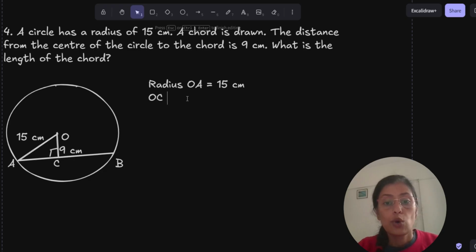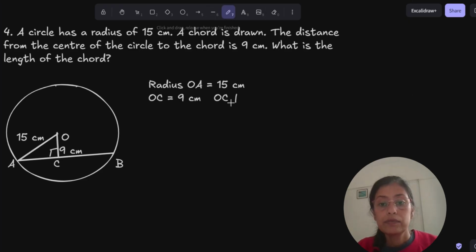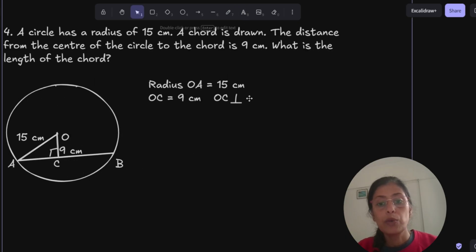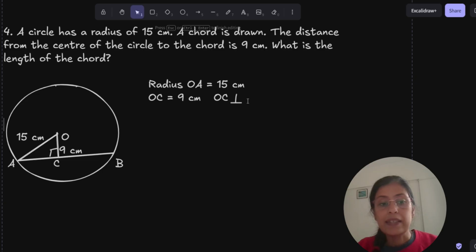So this is OC and OC is 9 centimeter. And we also know that OC is perpendicular to AB.